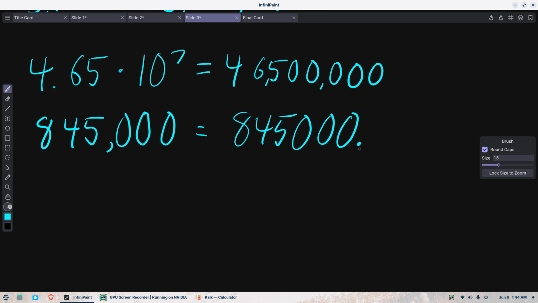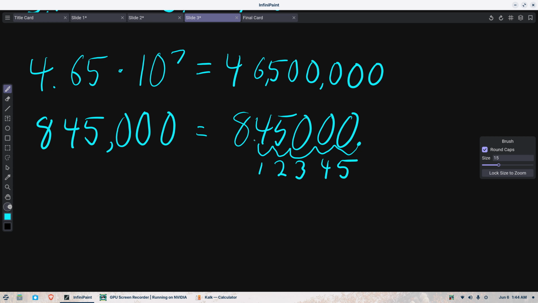And we're going to move this in a way so that we will create a coefficient that is greater than or equal to 1, but less than 10. So we'll do a jump here, we'll do another jump here, jump here, jump here, finally one more jump. Then we'll see how many jumps we've made. We've made 1, 2, 3, 4, 5 jumps total.